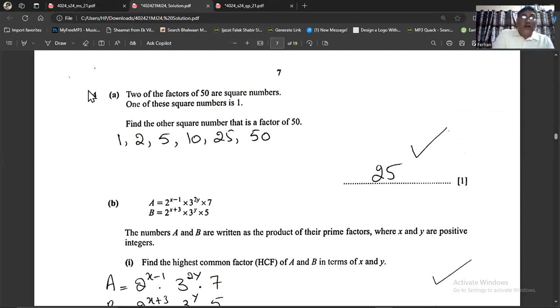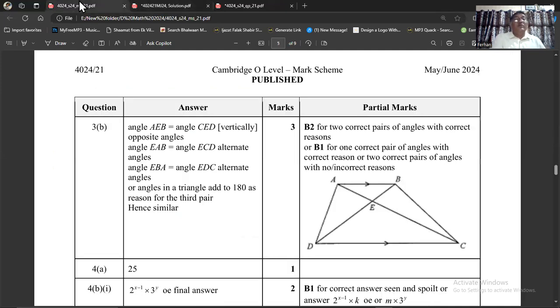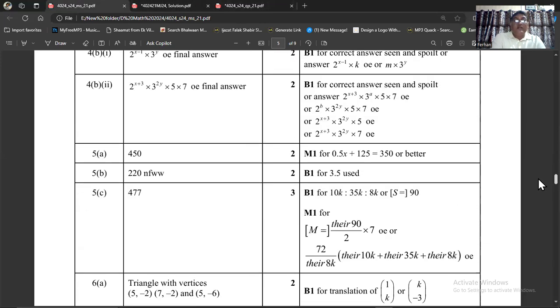Out of these, which are perfect squares? 1 is a perfect square, 25 is a perfect square. 1 he has already mentioned here. So the other factor of 50 which is a perfect square is 25. This is how we do question number 4, A part. 25 is the right answer, sir.